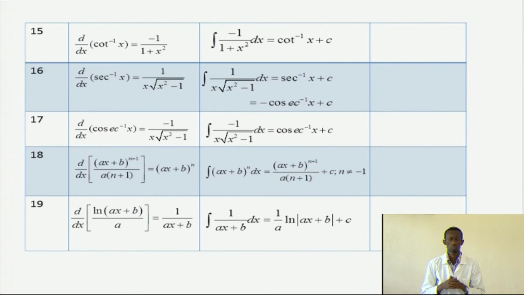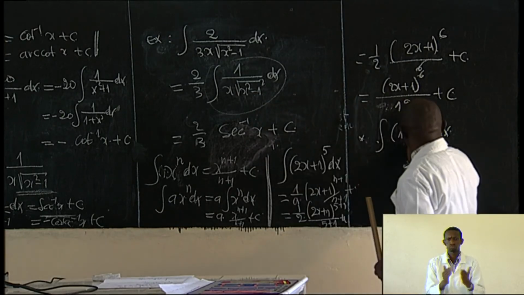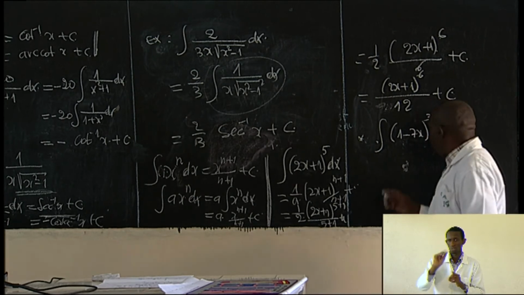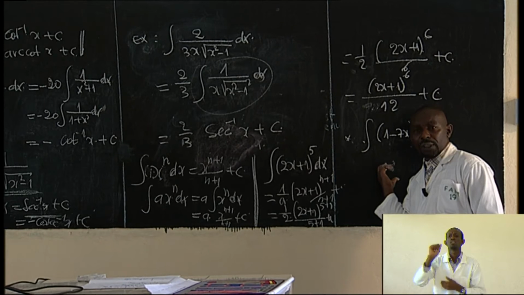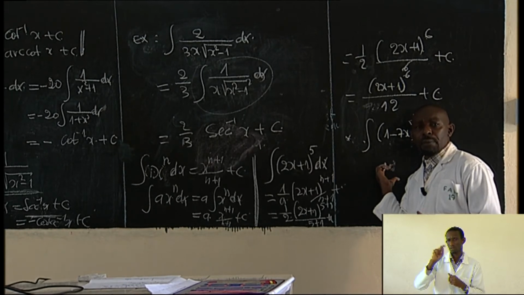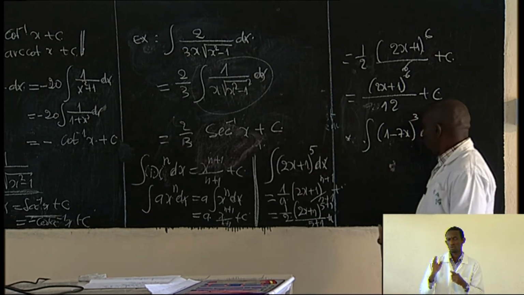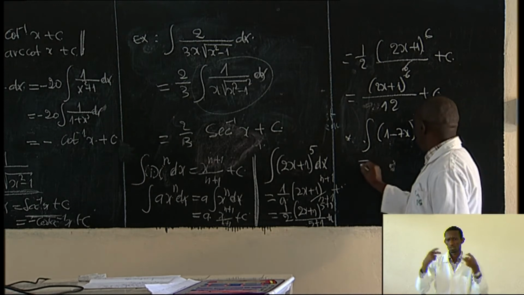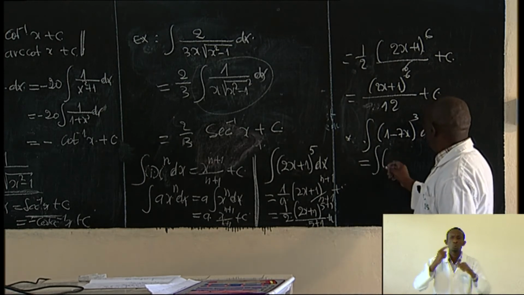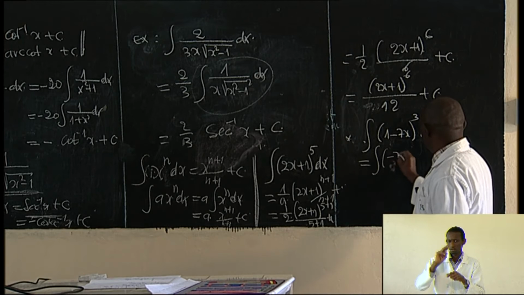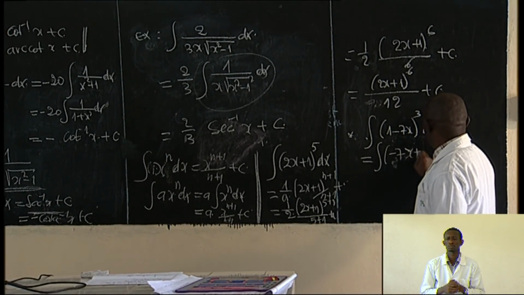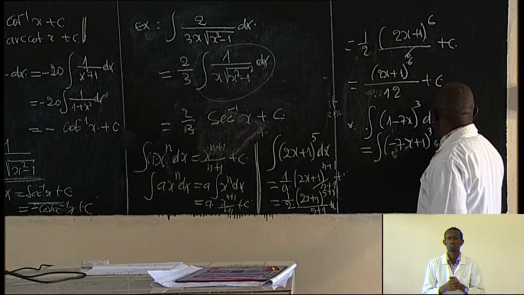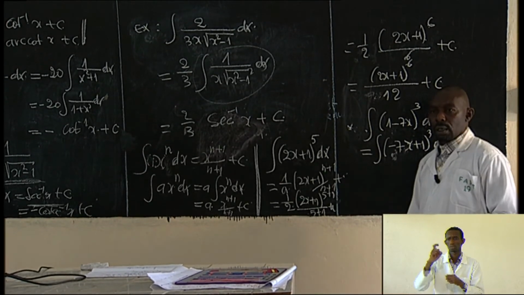The problem is to organize your integrand so that you easily recognize the value of a, the coefficient of the variable of integration. So I can organize my integral to have the integral of minus 7x plus 1 power 3 dx.